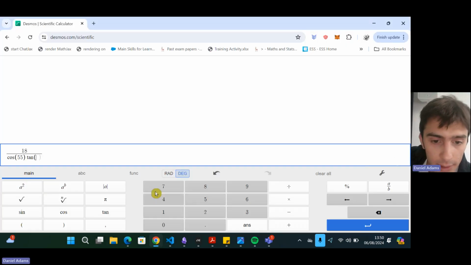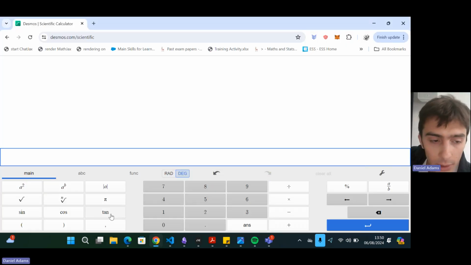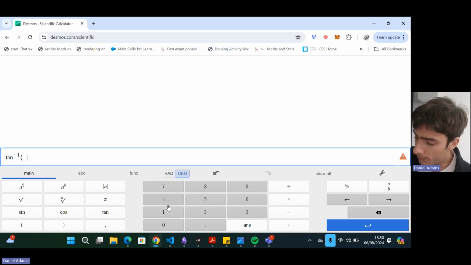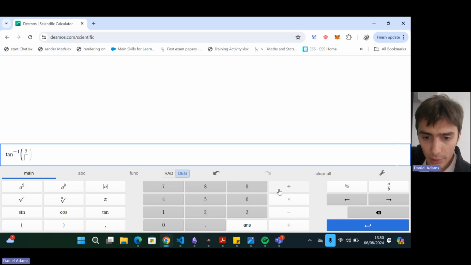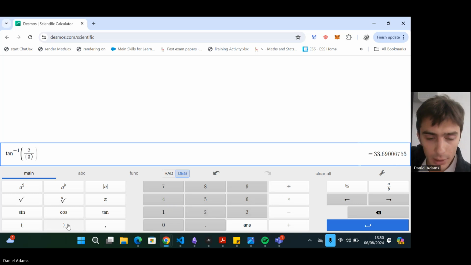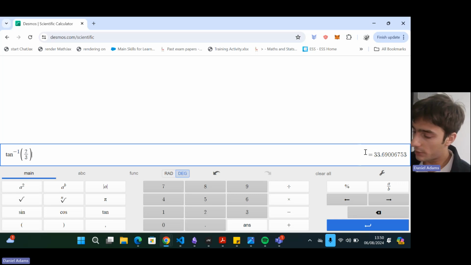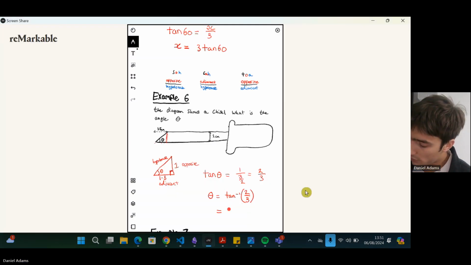So, let's clear all. We'll say tan inverse of 2 divided by 3 is apparently equal to 33.69.